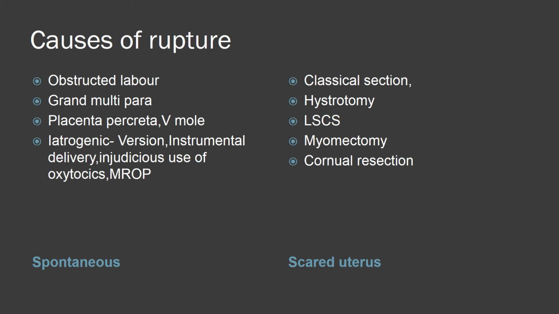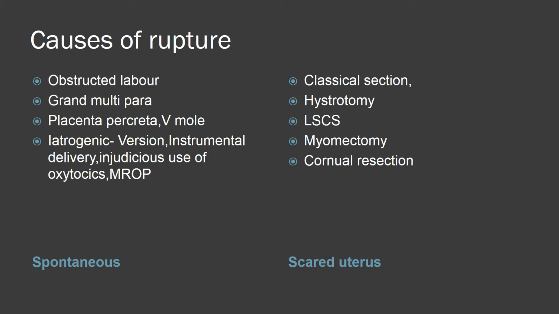In placenta percreta and vesicular mole, the trophoblastic tissue may penetrate or perforate through the walls of the uterus, culminating in rupture. It can be iatrogenic due to manipulation of the uterus during an external cephalic version or internal podalic version using undue force. It can be due to instrumental delivery, where the selection of instrument should be judicious and the conditions should be satisfied to avoid a rupture.